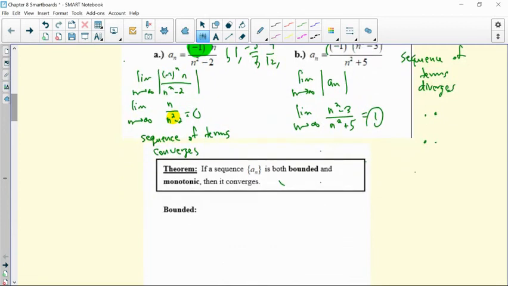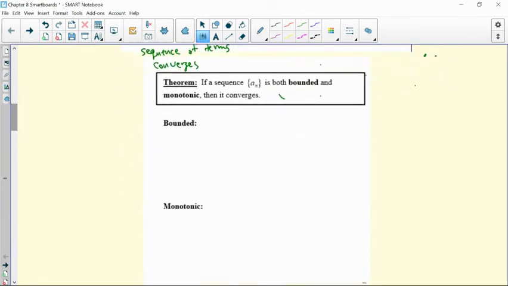Okay, let's do two more vocabulary words that sometimes come up. This word bounded and this word monotonic. Because if you are both bounded and monotonic, here's another way to show that your sequence of terms converges.